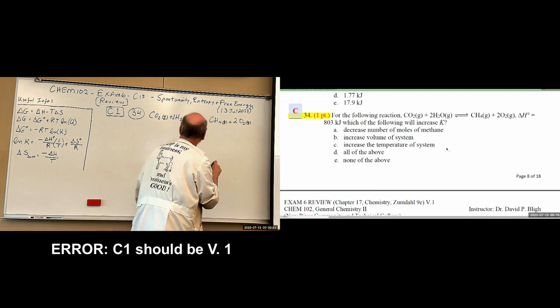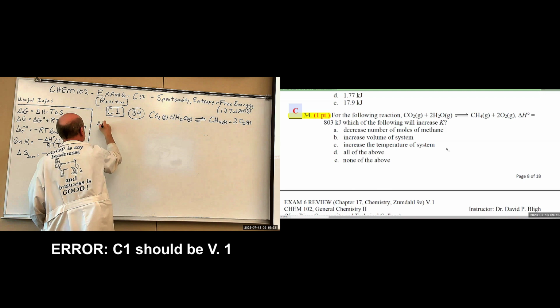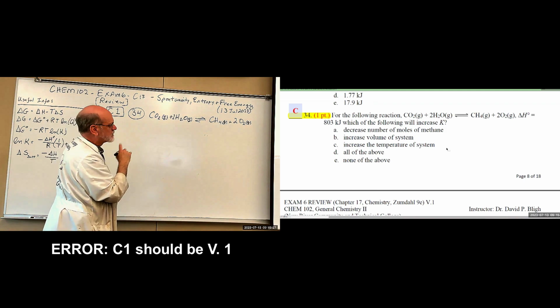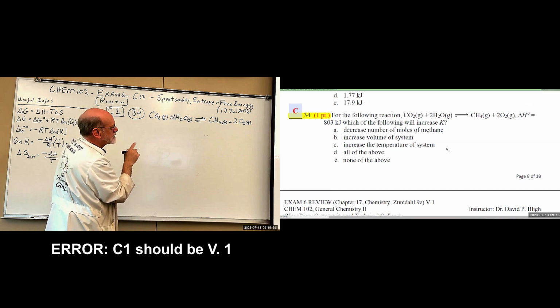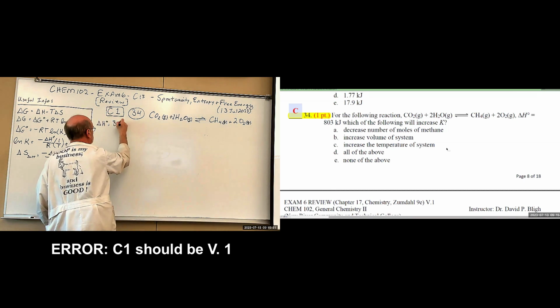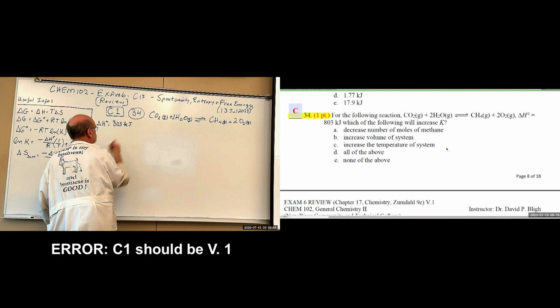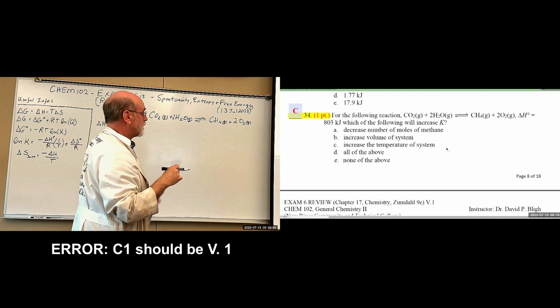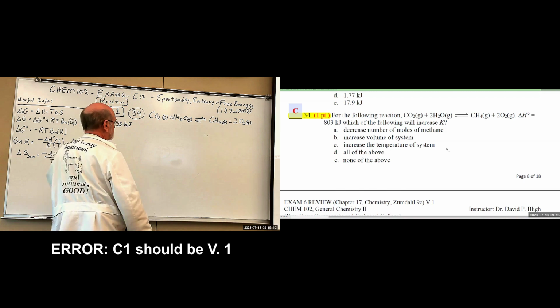And the delta H standard conditions enthalpy is positive 803 kilojoules. Which of the following will increase K?